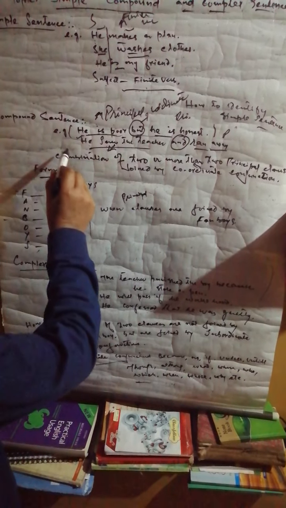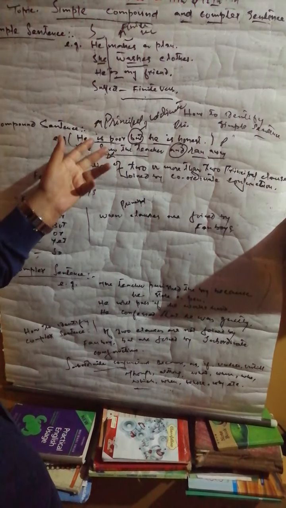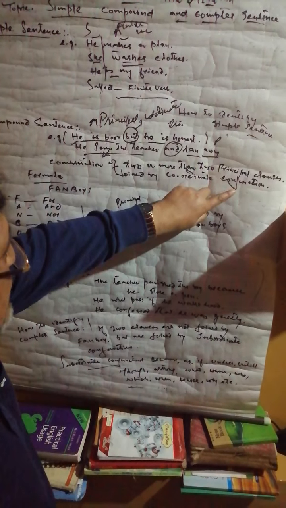So what is a compound sentence? A compound sentence means a combination of two or more than two principal clauses. Sometimes there are more than two principal clauses, and they are joined by coordinate conjunctions.